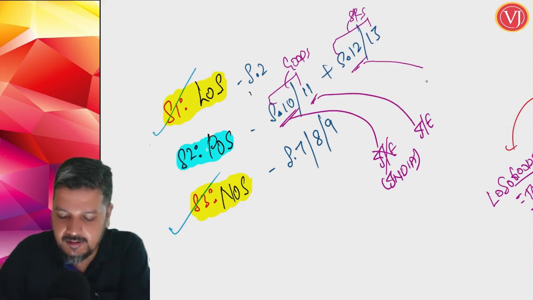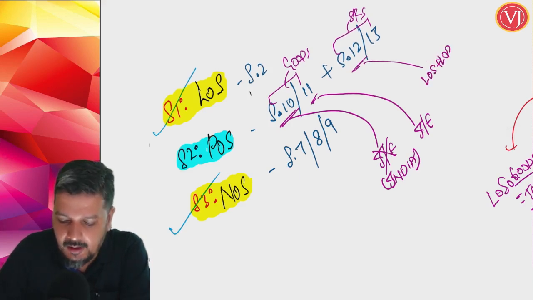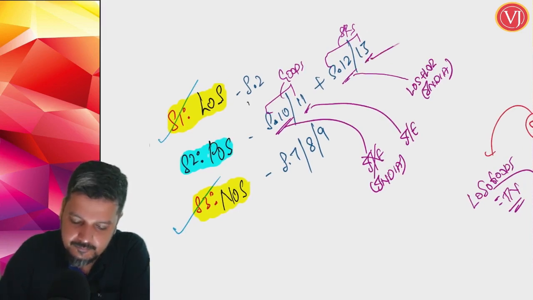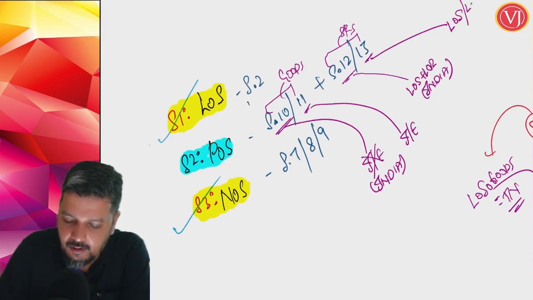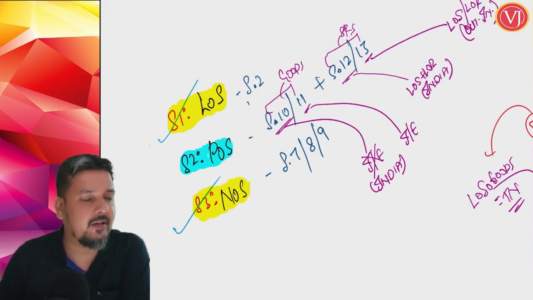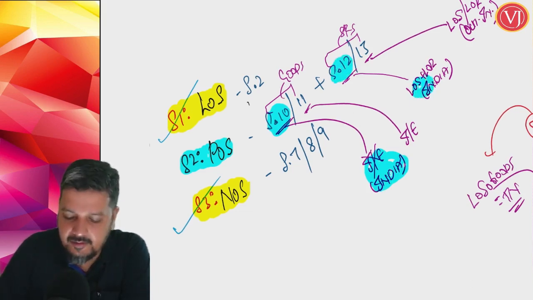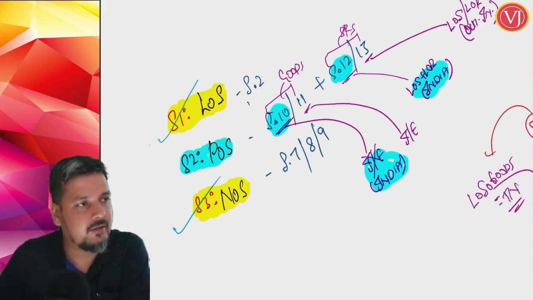Section 12 talks about again within India. LOS and LOR are there in India. Section 13: either LOS or LOR is outside India. In simple language, domestic transaction of goods is discussed in section 10, and domestic transaction of services is discussed in section 12.